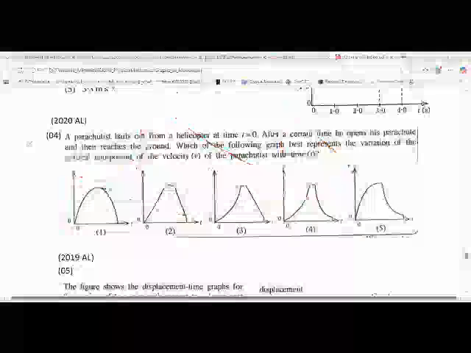Then, if we consider the first part, before he opens his parachute, what should the motion be? It should be acceleration.